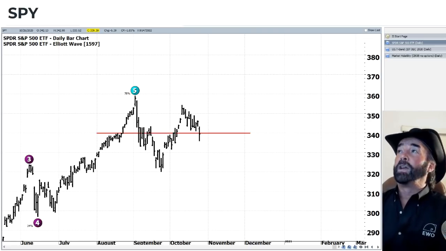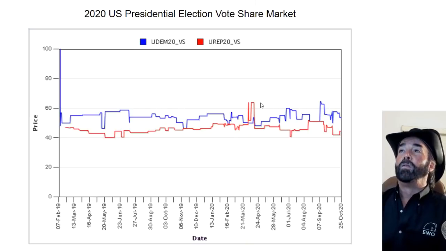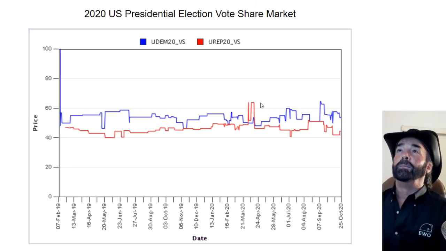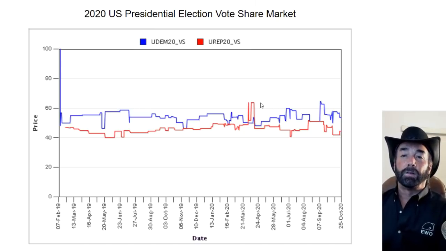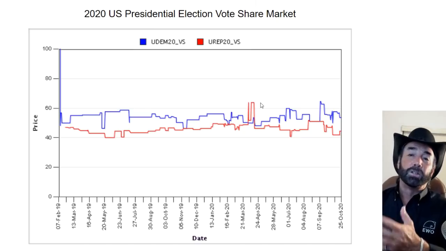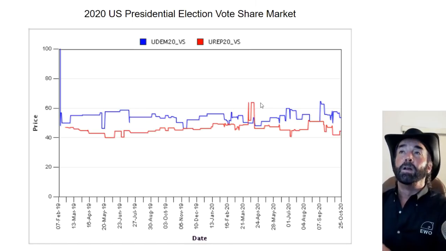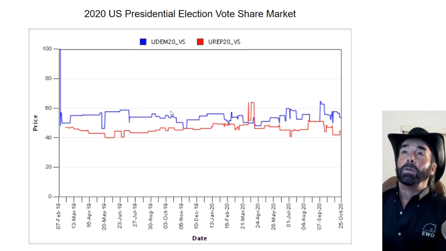Believe it or not, there's actually a futures market for the presidential election. This is done by the University of Iowa, so this would be similar to the University of Michigan's consumer sentiment survey that they do every single month. The blue line here is the Democrats, or Vice President Biden, and the red line would be President Trump, Republicans, for obvious reasons.